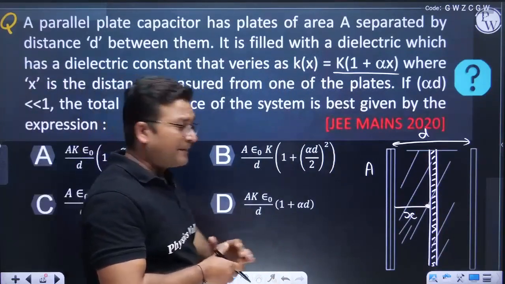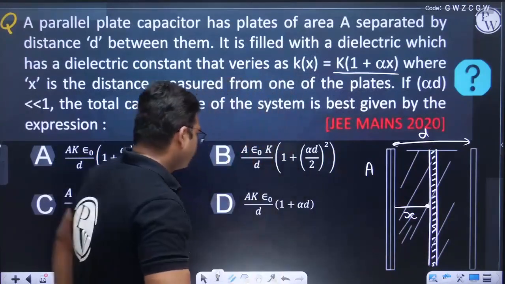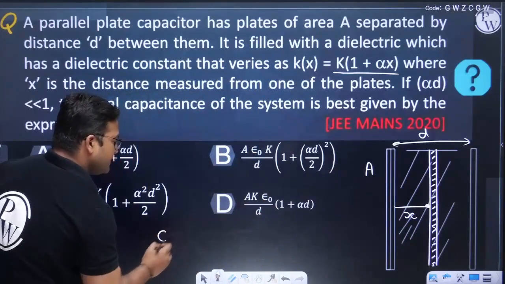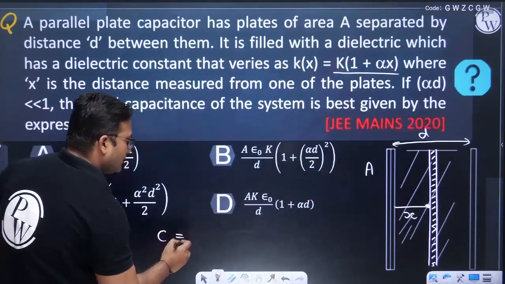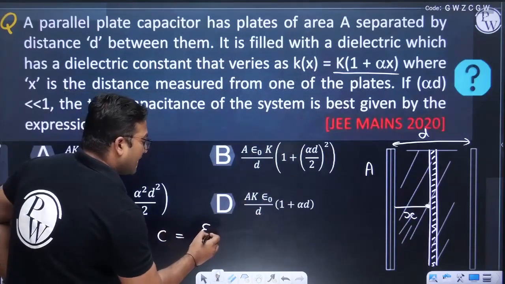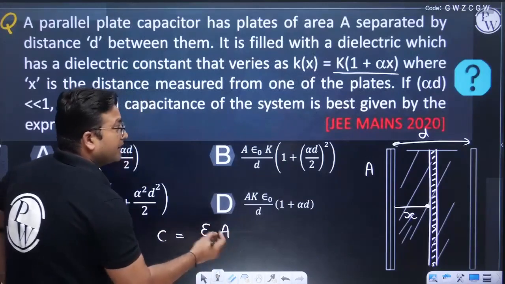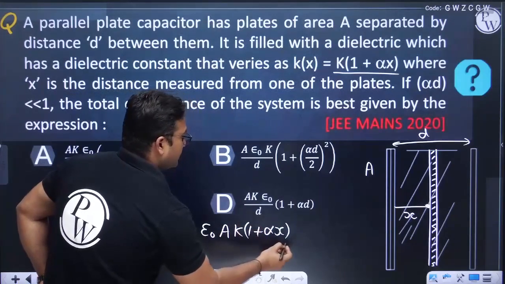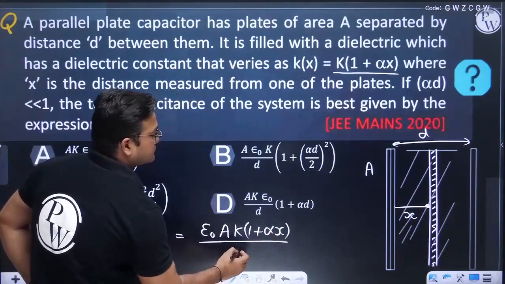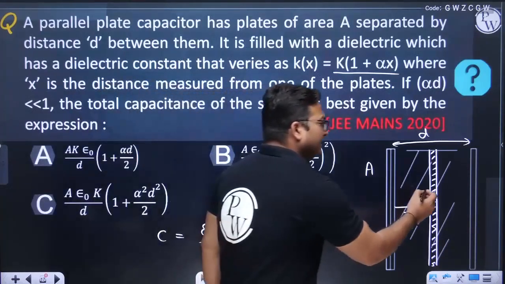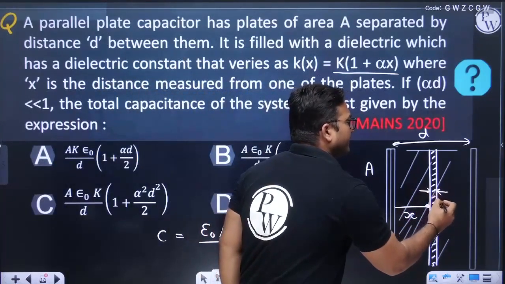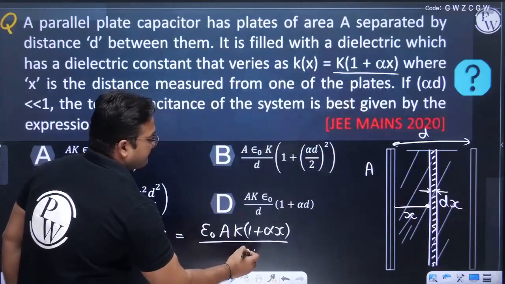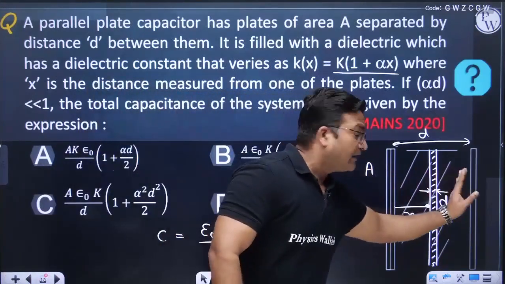So let me write the capacitance of any one element. The capacitance of this element can be written as C equals epsilon naught A, K is K times 1 plus alpha x, divided by the thickness. And can you see the thickness of this element is a small increment of x, that is dx. So dx. And remember the point, all the elements are in series.